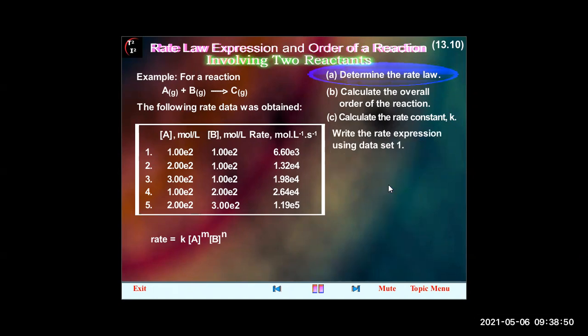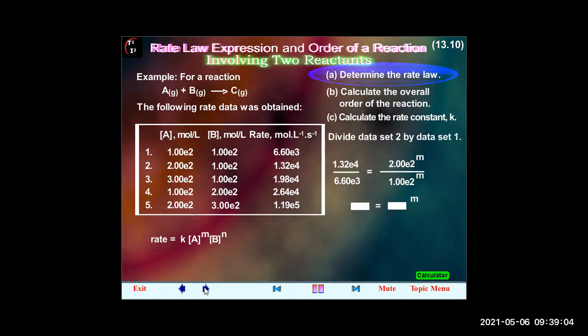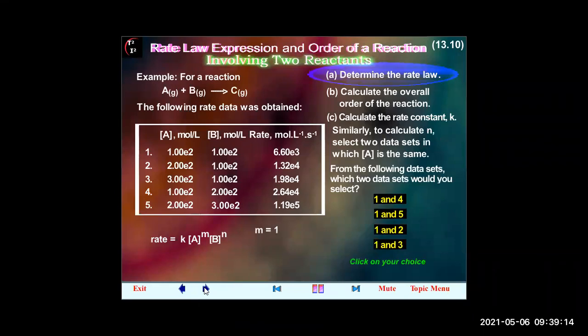Write the rate expression using dataset 1. The simplest is to select 1 and 4.